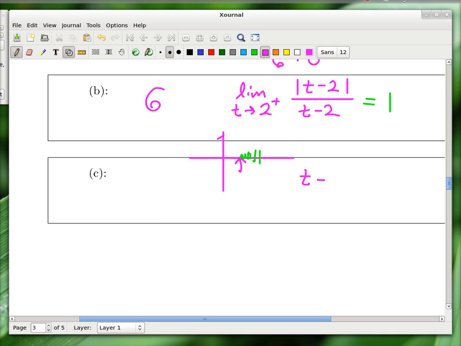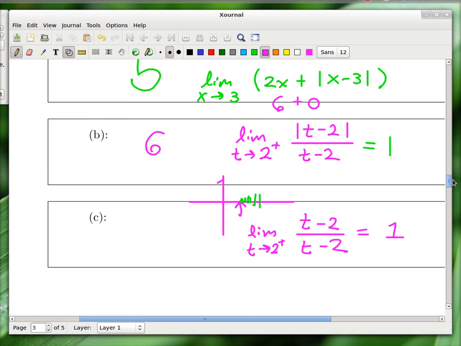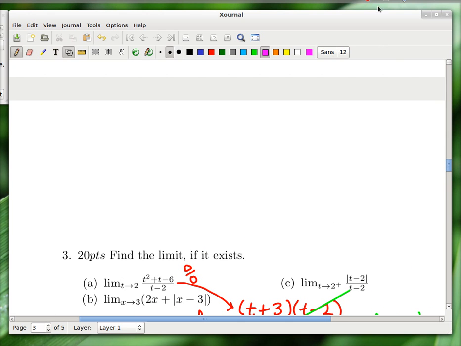So what you really have is t minus 2 over t minus 2, the limit as t goes to 2 from the right hand side. And that is clearly 1. Okay, so that was a little more solid, alright? And so we've done all three, A, B, C. So the problem is over.